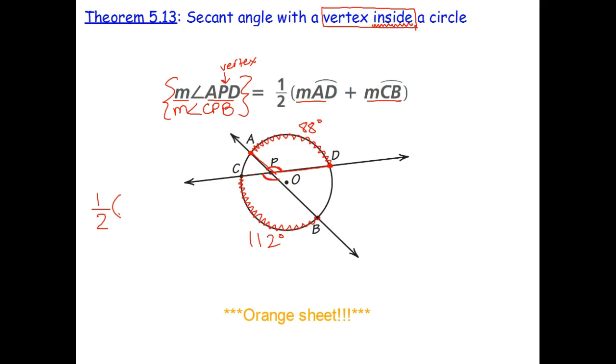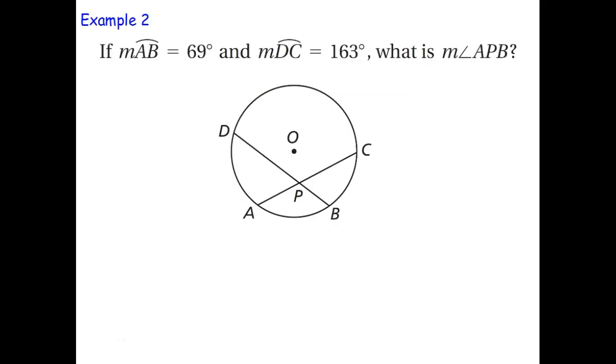So all we have to do is just take these two arcs, so 88 and 112, and add those two together. So 88 plus 112 is 200 degrees, and half of 200 degrees is 100 degrees. So each one of these angles in here, CPB and APD, are both 100 degree angles.